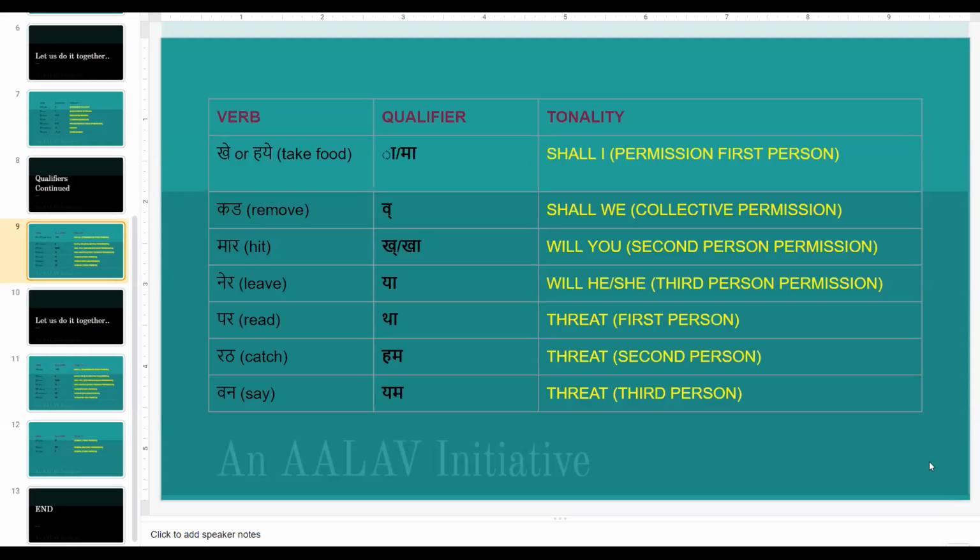That is the collective. Khada. The second row in the column. The third one is khadkha. So khadkha, will you take it out? Will you? Second person.